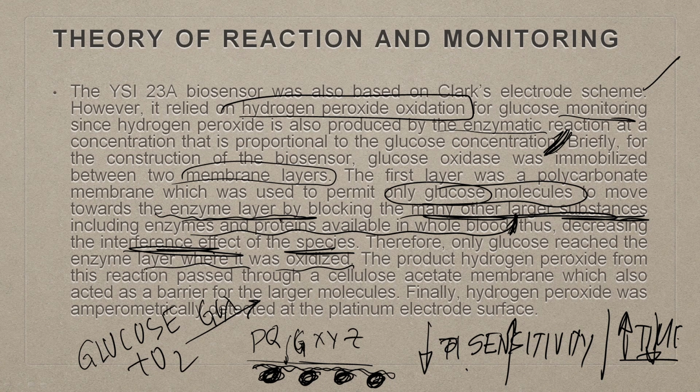The product hydrogen peroxide from this reaction passed through the cellulose acetate membrane, which also acted as a barrier for larger molecules. Finally, hydrogen peroxide was amperometrically detected at the platinum electrode surface. So, this is the very basic fundamental theory of how this whole process happens.